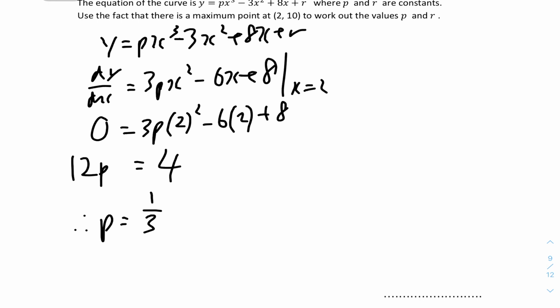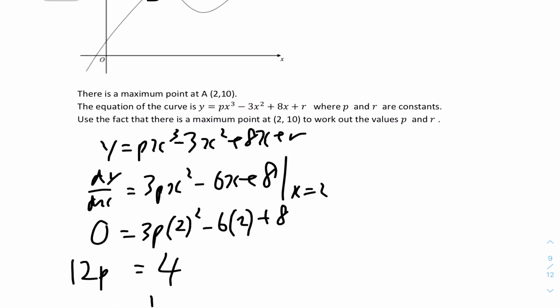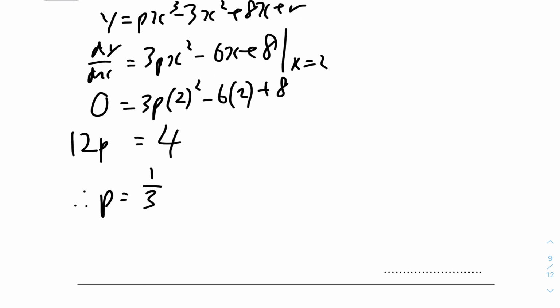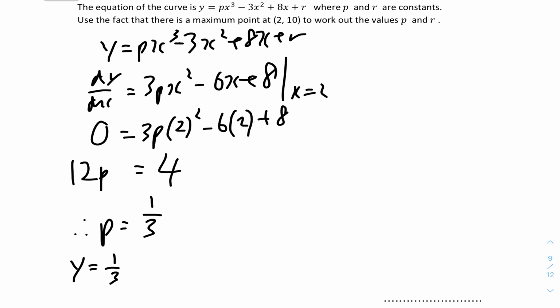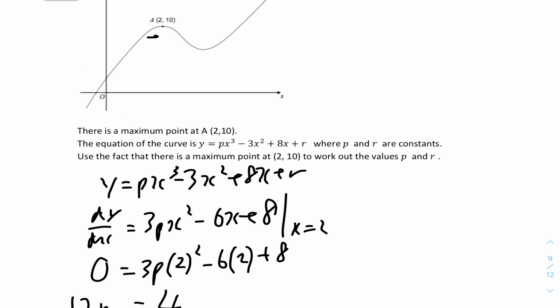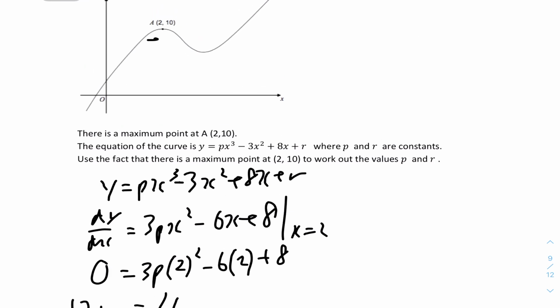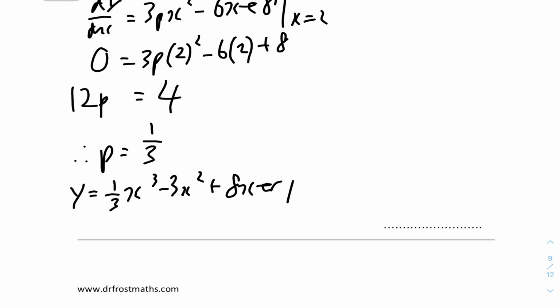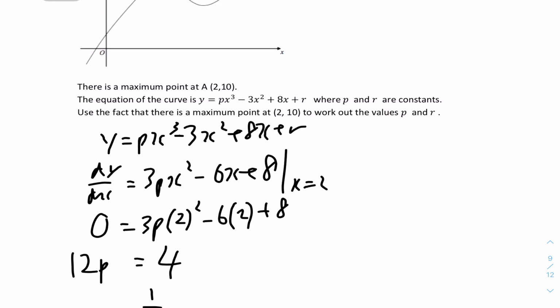Like so. So when you have p equals 1 over 3, you can use the coordinates and the p to find r. So you have y equals 1 over 3 x cubed minus 3x squared plus 8x plus r. And we know that there's a point on the curve which is (2, 10). So set x equals 2 and y equals 10, like so.